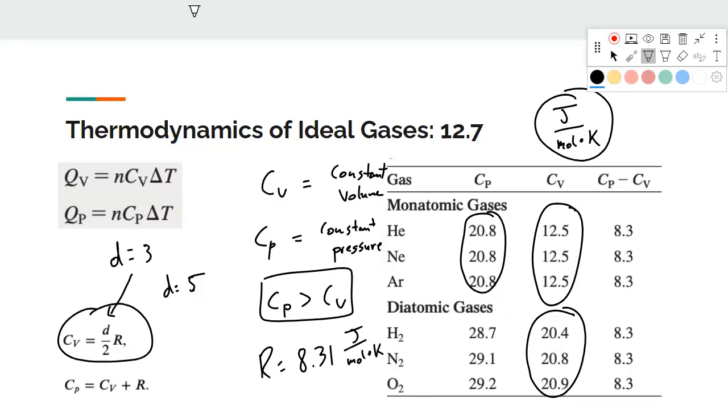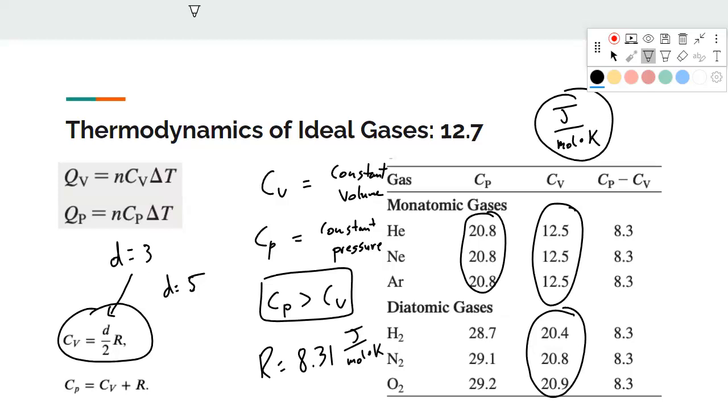Any questions? So just to give you a quick recap, if I tell you I want to know the heat capacity of gaseous iodine or something, then you can ask yourself, is that a noble gas? No, iodine's just a random element. So it's going to be diatomic. And so for a diatomic gas, they have 5 degrees of freedom, we say.